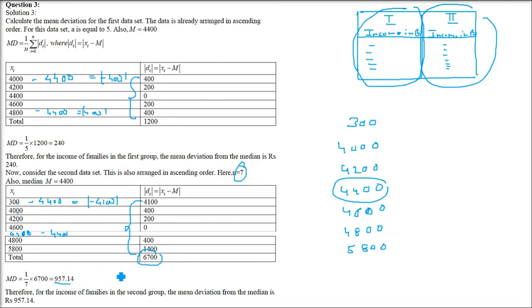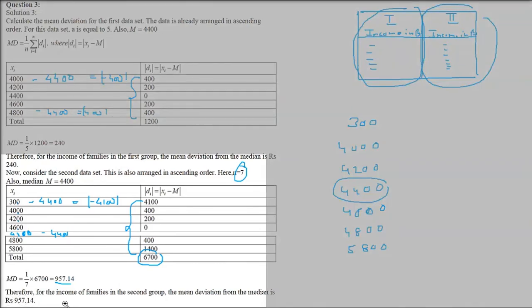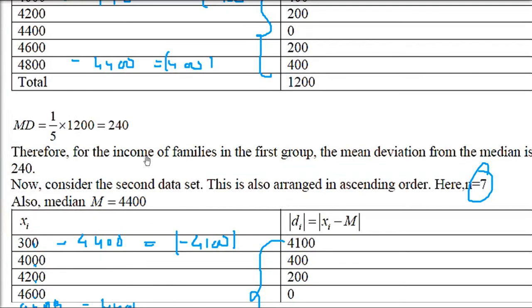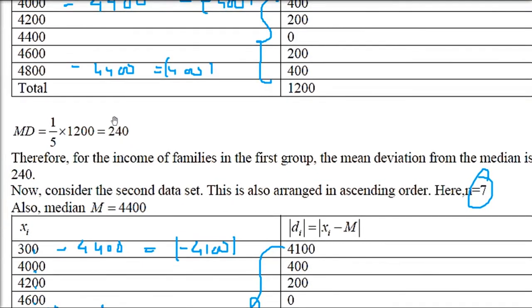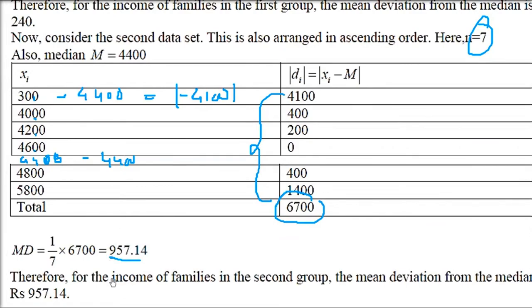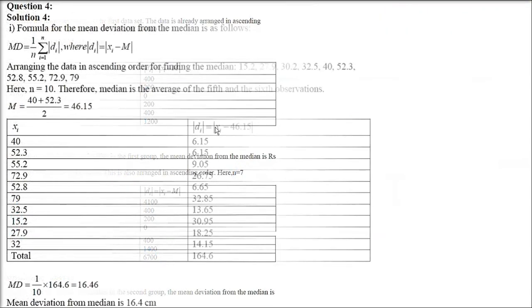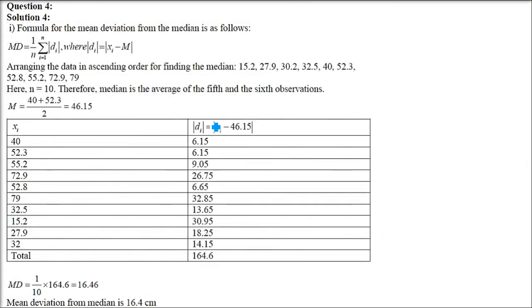So 6700 will come. The number of elements is 7, so divide by 7. So the mean deviation is 970, because the first one was 240. See the values which are coming. The median remains the same for both of them.